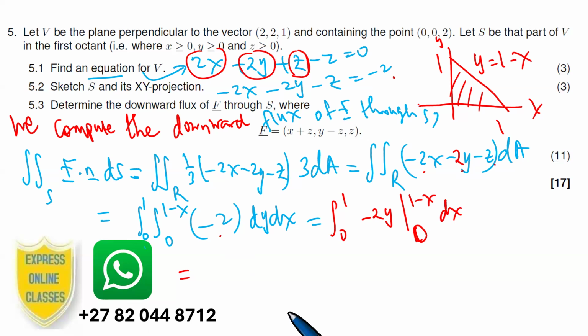Now, with this, we are able to integrate here. If we integrate these, we would get exactly the following.